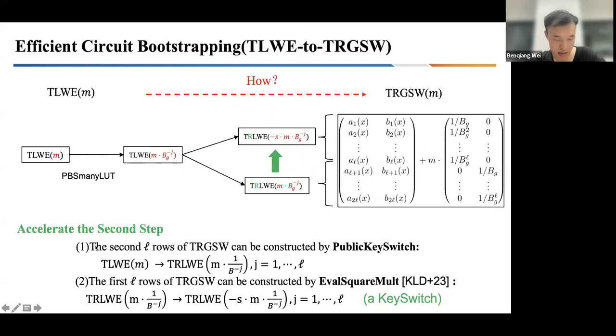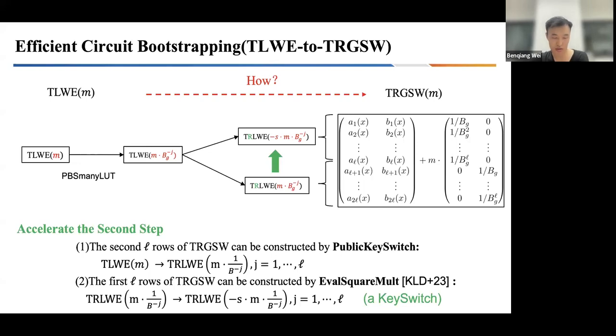Although all functions in AES now can be efficiently evaluated, circuit bootstrapping becomes the efficiency bottleneck in our framework.